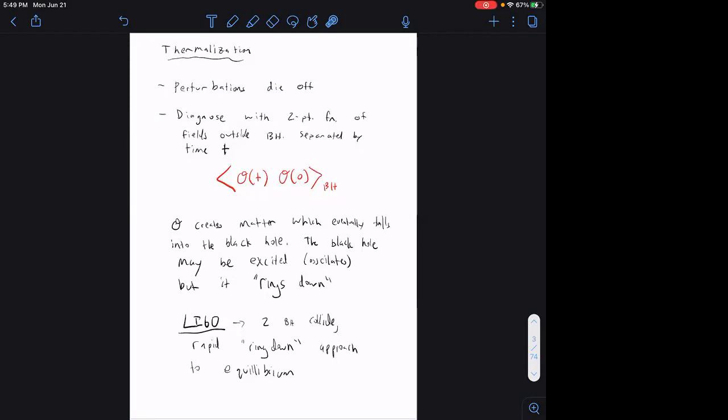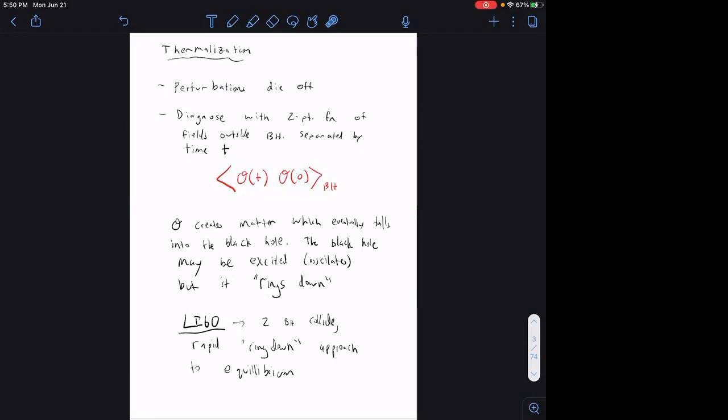And so how do black holes exhibit this thermalization? We can study this by talking about the 2-point function of some field O outside the black hole, separated by some time t. What this 2-point function is telling us is you start with the black hole in thermal equilibrium, and you drop in a particle created by O. This particle will go towards the black hole, and eventually it'll fall into the black hole.